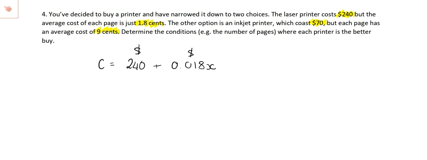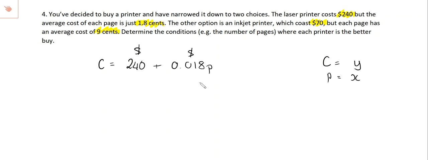Now we said X, but really my model can be P. Now what I did like, some people did by the way, is saying that C is equal to Y and P is equal to X, or cost is Y, or P, like number of pages is X. You defined your variables. That was good. I like that. You can give yourself on that second page a little star or a tick or something if you did that. All right.